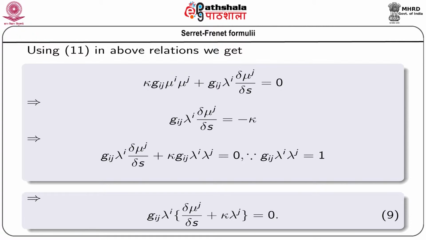From here we can see that ∂μ^j/∂s plus κ λ^j is an orthogonal vector to λ^i.